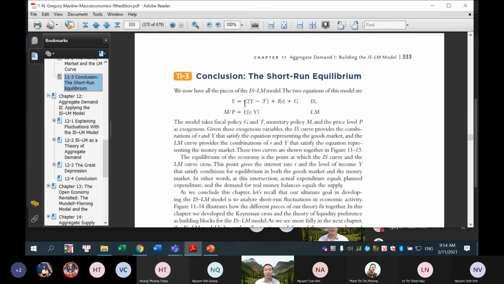Our expenditure consists of three components: household consumption, C, investment spending of firms, I, and government purchases. Okay, and our household consumption depends on the after-tax income. It means income minus the income tax. Okay, and the investment spending depends on the interest rate. Okay, that is the IS equation.